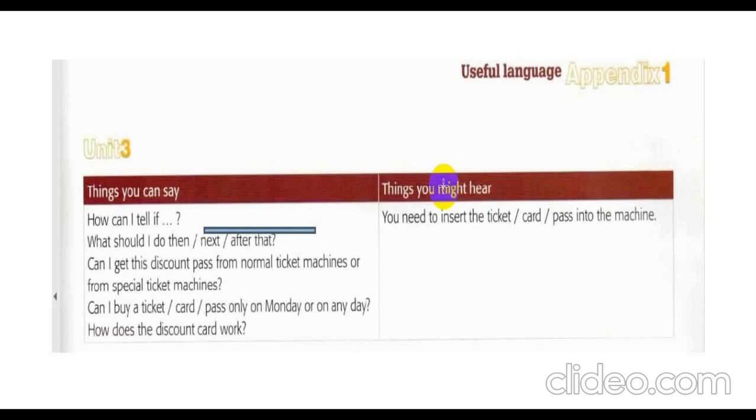Can I buy a ticket card pass only on Monday or on any day? How does the discount card work? Things you might hear: You need to insert the ticket card pass into the machine.